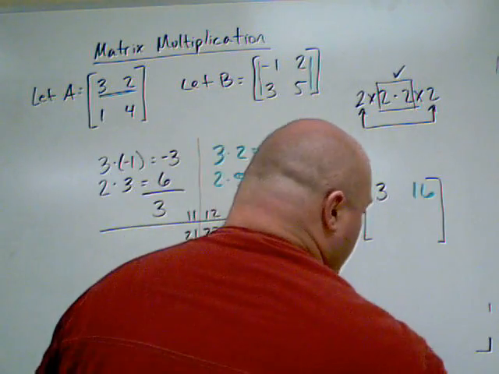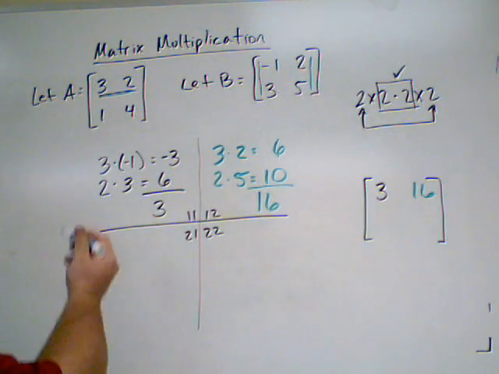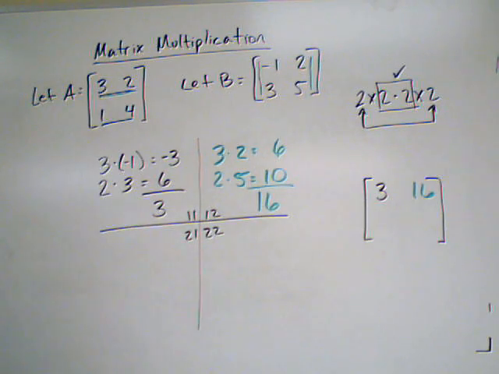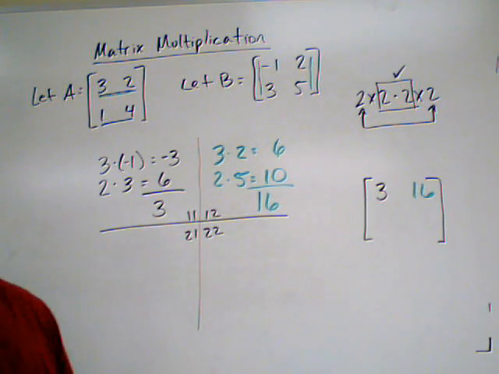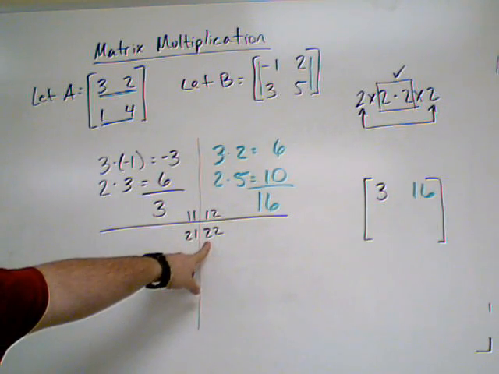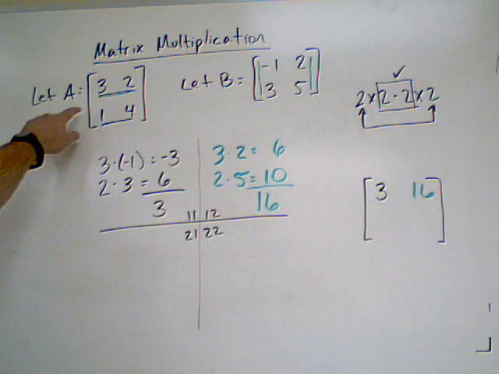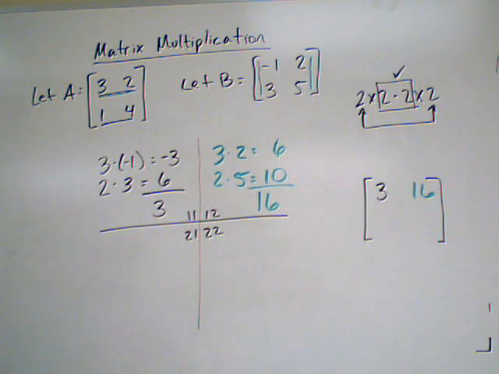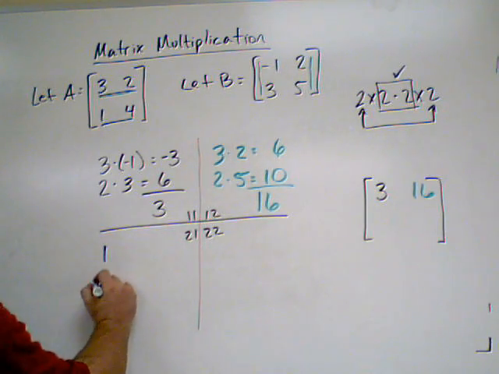Alright, we're going to change colors again. Now we're moving down to the second row in matrix A. Notice the first number in these has changed. It's now 2, which represents the second row of matrix A. So we're going to use 1 and 4.